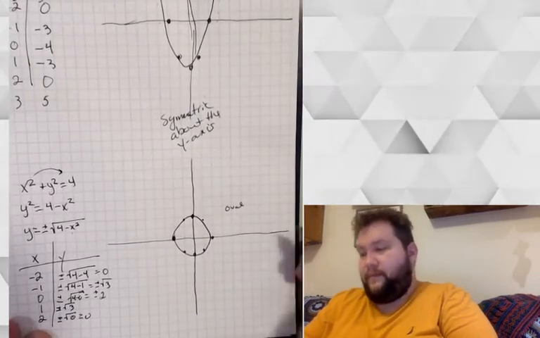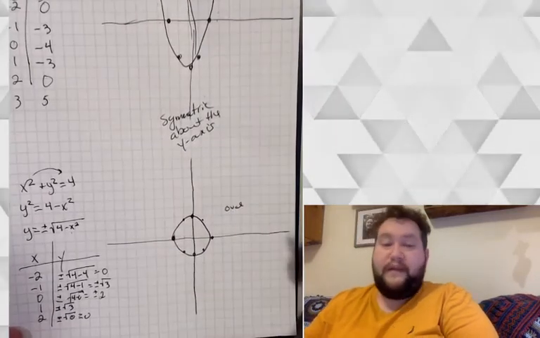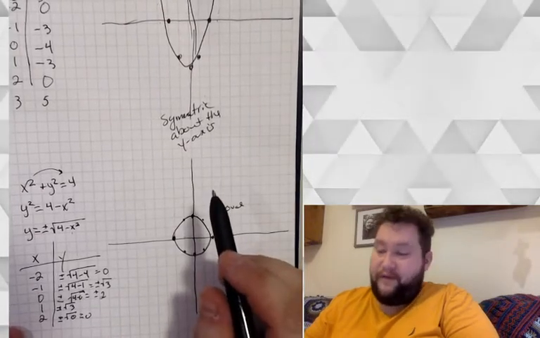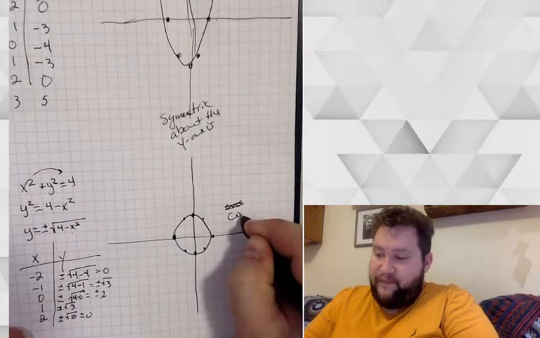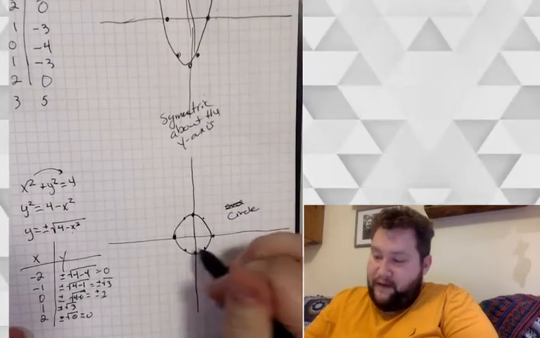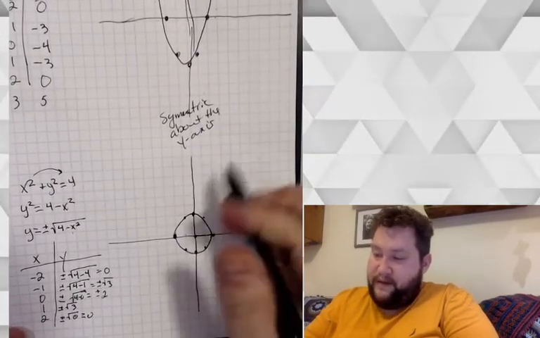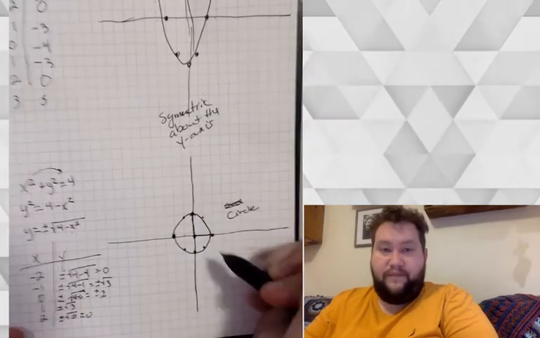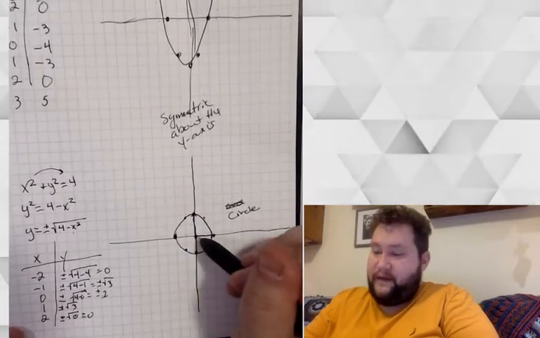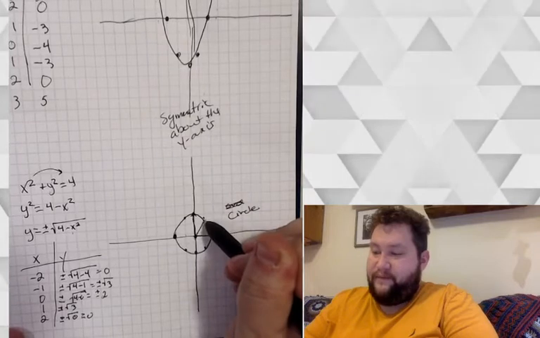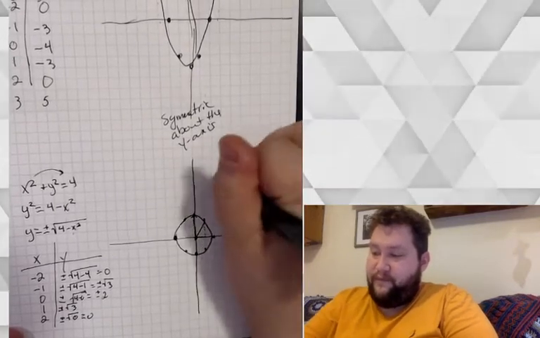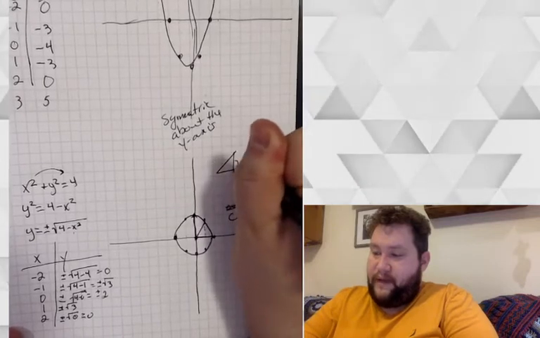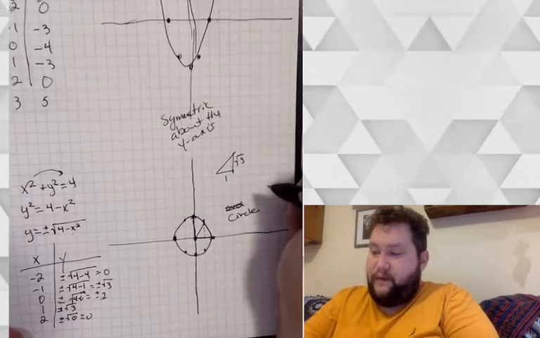Or I bet you, if we were a little bit more careful, we don't have an oval. We have a circle. Because from here to here is 2, and from here to here is 2. And I have a feeling that if we were able to do from here to here, which we can do, square root of 3 and 1, what's that length?